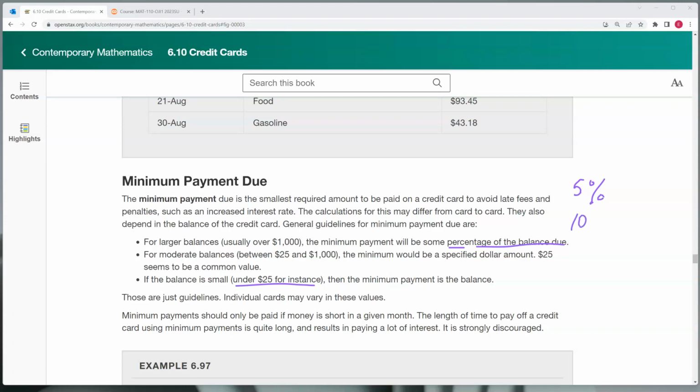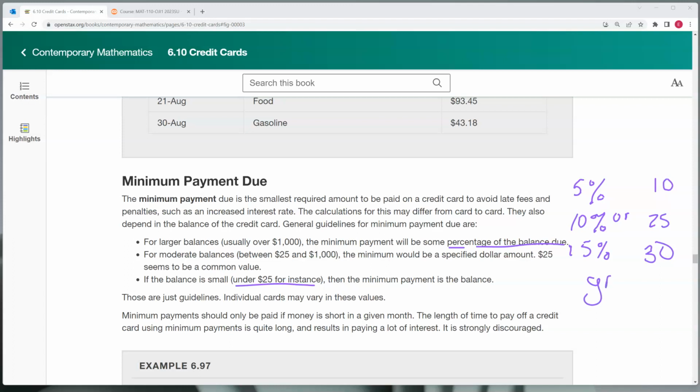10%. It could be upwards of 15%. So 15%, or something like $10 or $25 or $30, whichever's greater.